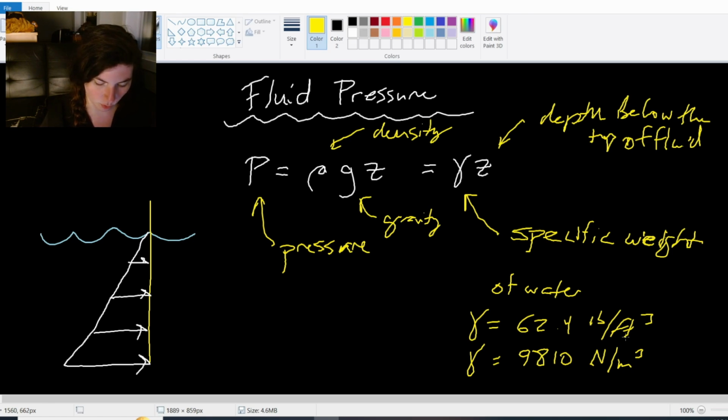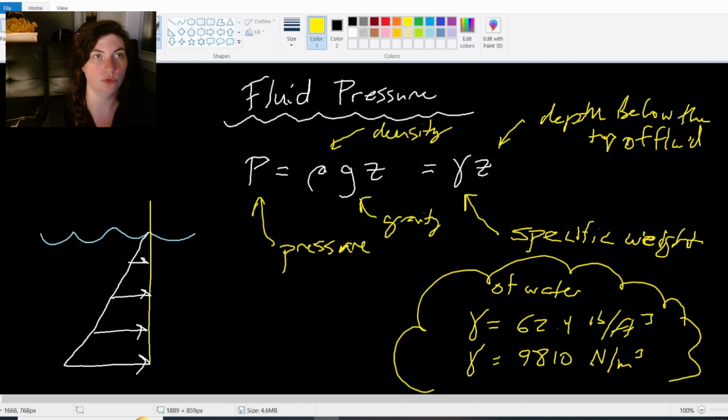These numbers are important, so you'll want to keep them somewhere for fluid pressure, because we typically work with water, underwater scenarios. But you might use different specific weights for other fluids if you're ever in those situations.